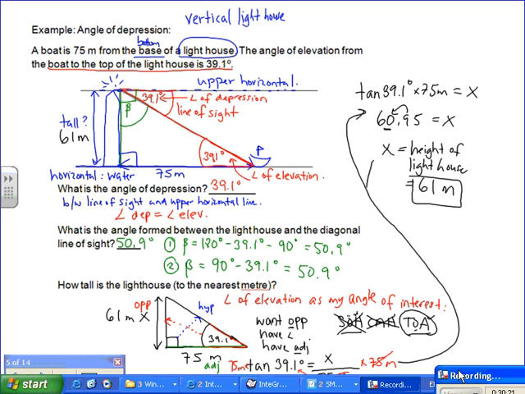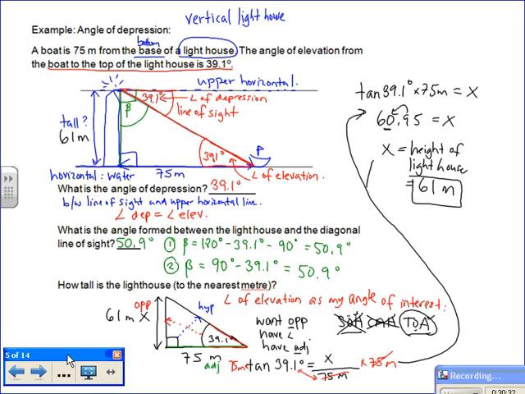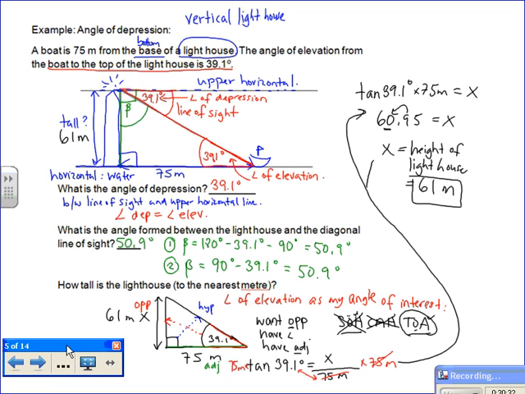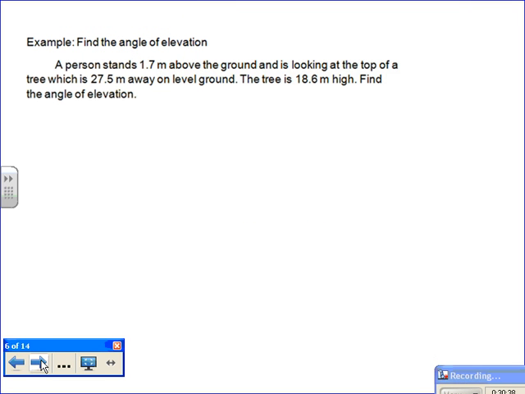And I've solved it. Okay, I'm going to do one last example that's a little bit more tricky. Let's have a look at something where we have to think a bit about the diagram that we're making. So this next example says find the angle of elevation. And here's the scenario.